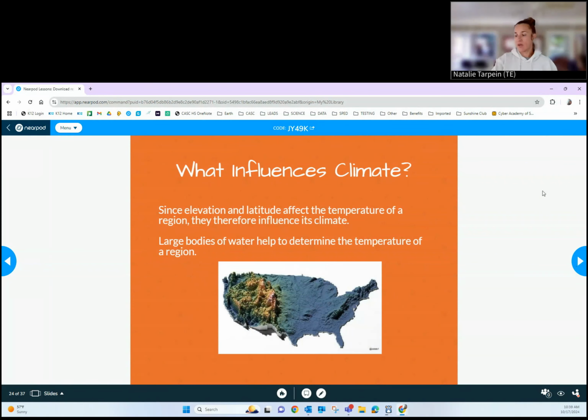Okay, so what influences climate? We said elevation, big one. Latitude, probably the biggest one, how far away from the equator. So just like we're in the northern hemisphere, the further you get up north, the higher the latitude number, the lower the temperatures, generally speaking. You can also go south from the equator, of course.